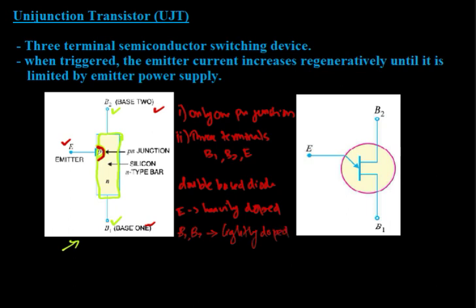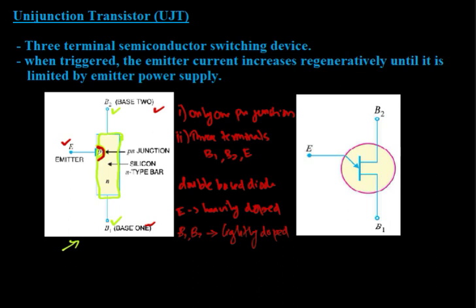And for this reason the resistance between the two base terminals B1 and B2 is very high, because the concentration of the charge carriers is very small, since they are lightly doped, so they offer very high resistance.